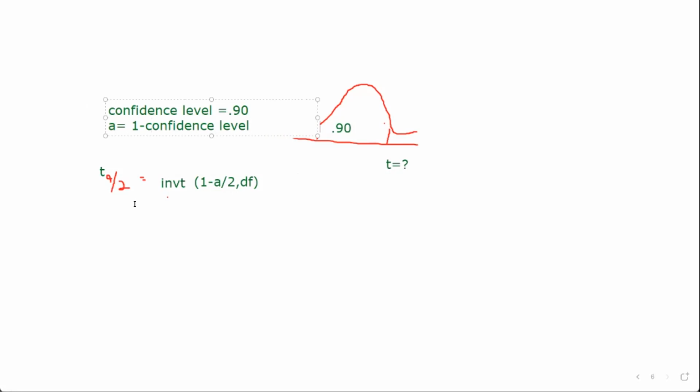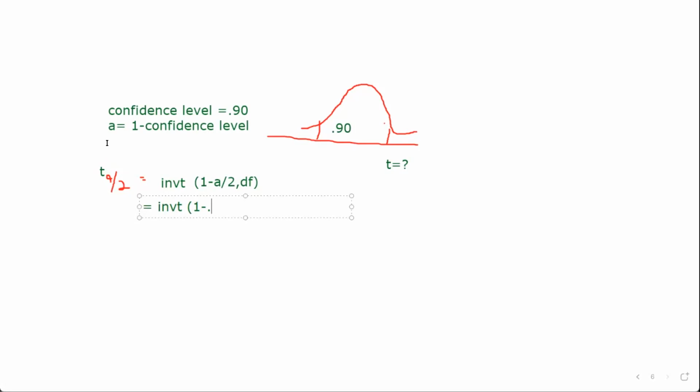So in this case, this is going to be inverse T of 1 minus 0.90 divided by 2. I'm sorry, 0.10. 0.10 divided by 2.